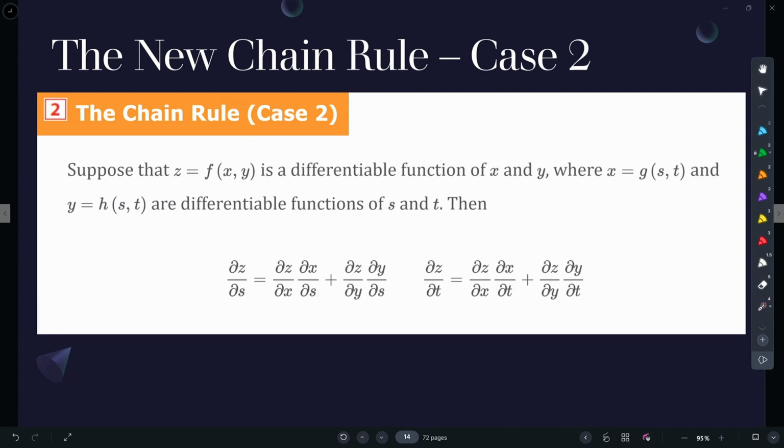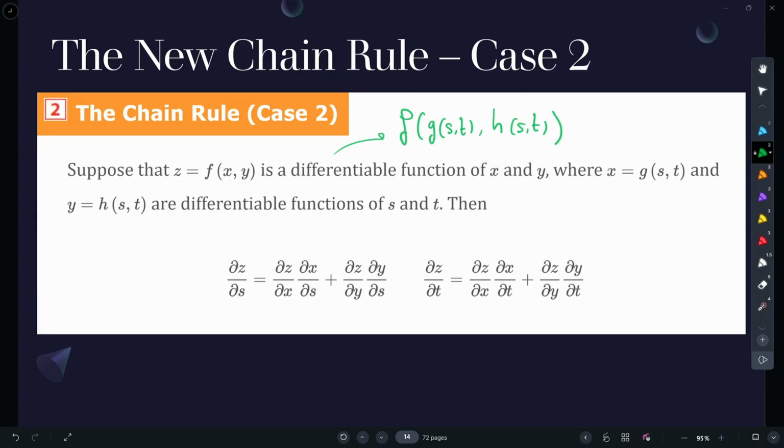So the result is that I get a function f of g of s and t, comma h of s and t. So you see that this is going to be some function of s and t.